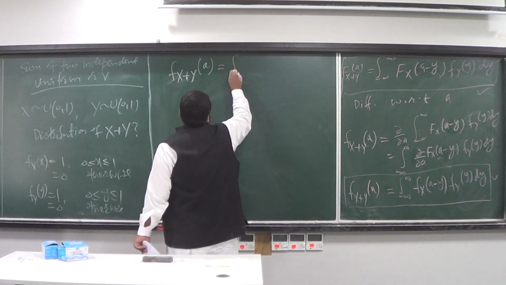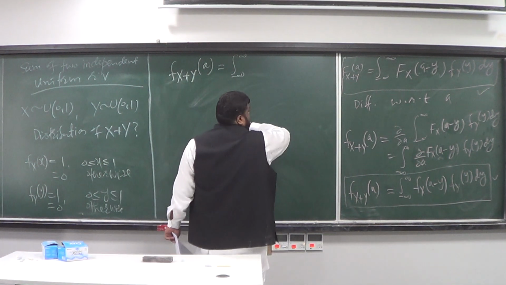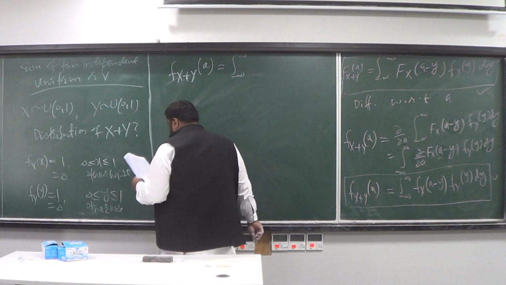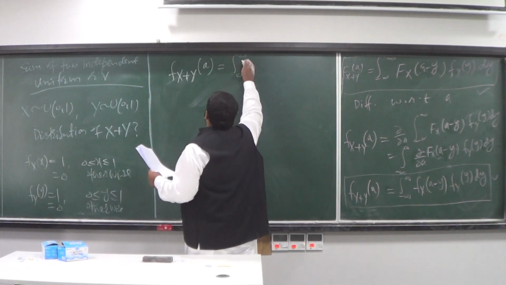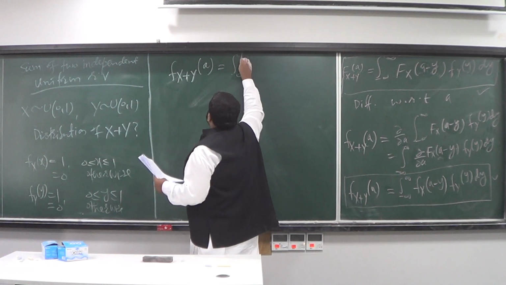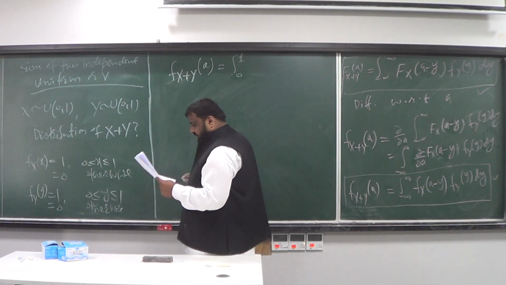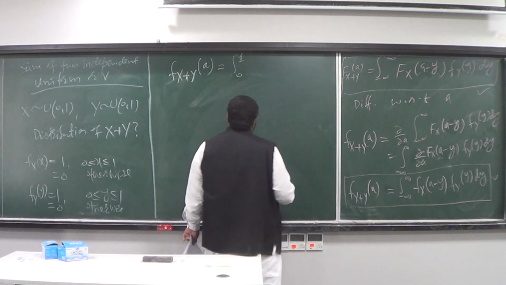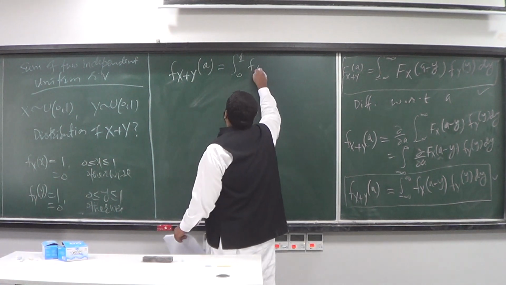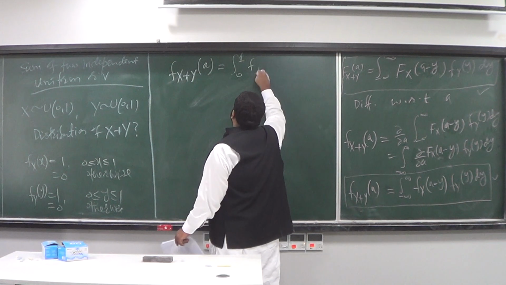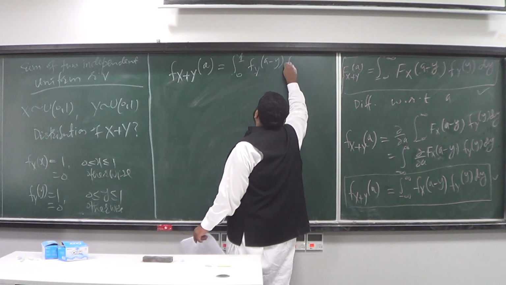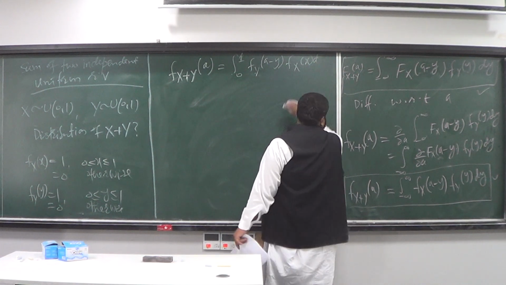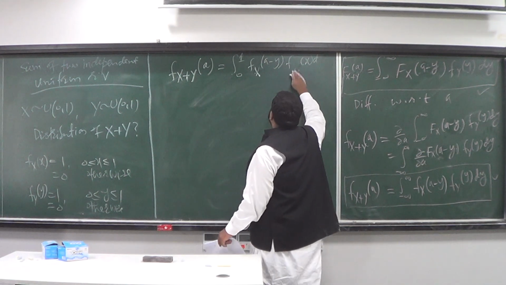By definition, it's going to be the integral from minus infinity to infinity. It's not going to be minus infinity to infinity because these only exist between 0 and 1. So this is going to be the integral from 0 to 1 of fx of a minus y and fy of y.